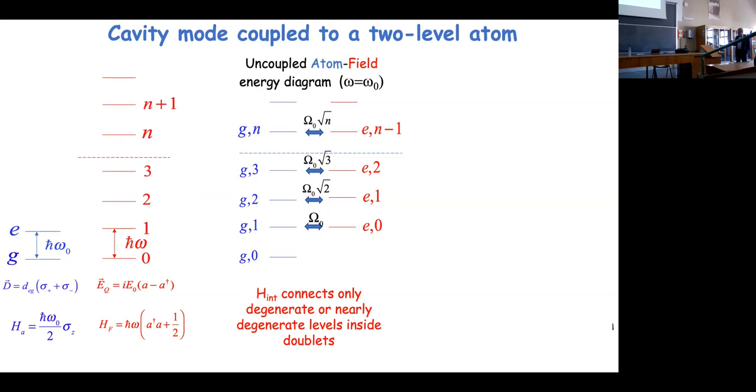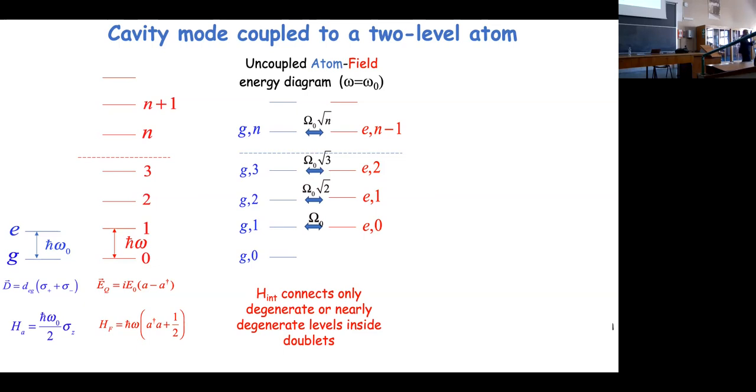But as soon as you put one excitation in the system, you can either have G1 or E0. These two states, if the two systems are at resonance, have the same energy. And so it's a doublet of states, G1, E0. You have another doublet, G2, E1, G3, E2, and in general, Gn, En minus 1.